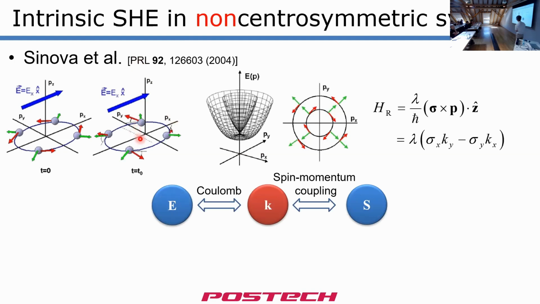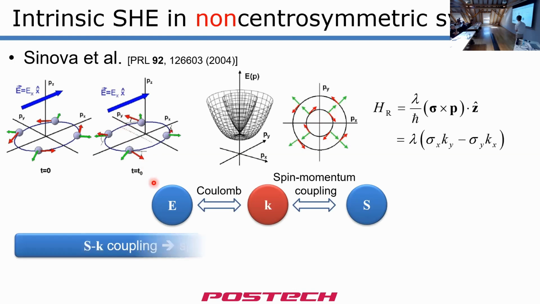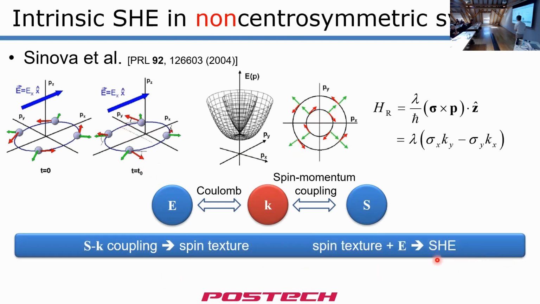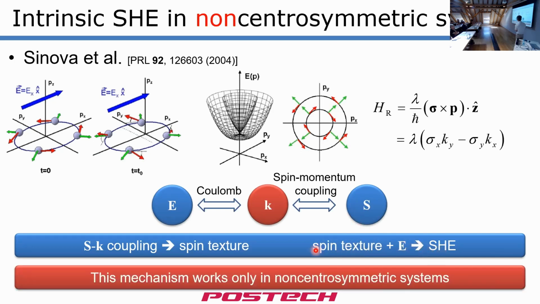Then Hyun-Woo has demonstrated that the electron acquires a spin component that is originally absent in equilibrium, and additionally generates the spin torque. So in this mechanism, spin texture is crucial to have a spin Hall effect. Spin texture comes from the spin-momentum coupling, and this kind of coupling is possible only in non-centrosymmetric systems. That means this mechanism does not work in centrosymmetric systems.